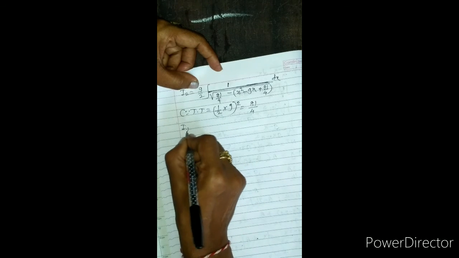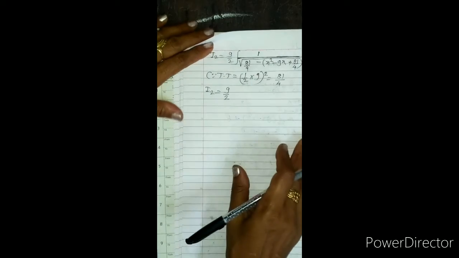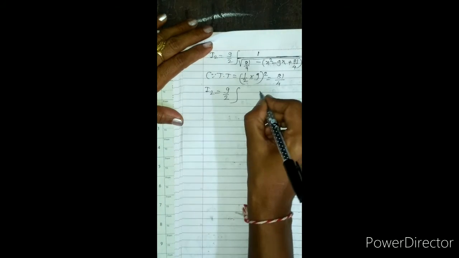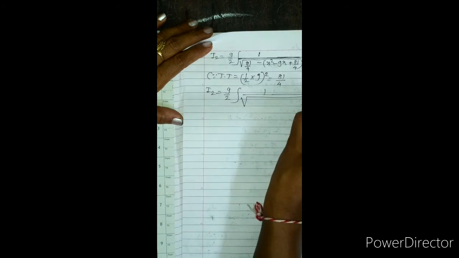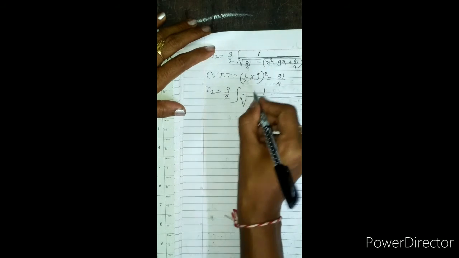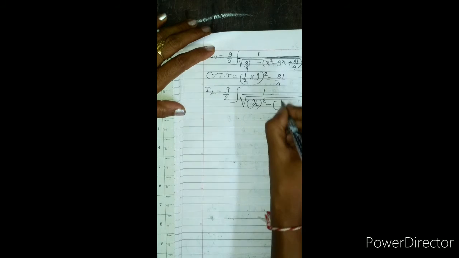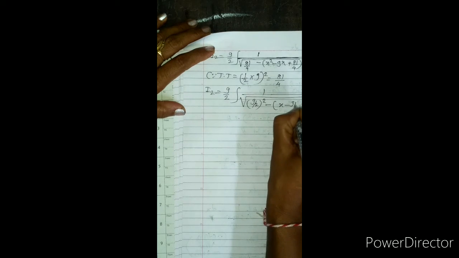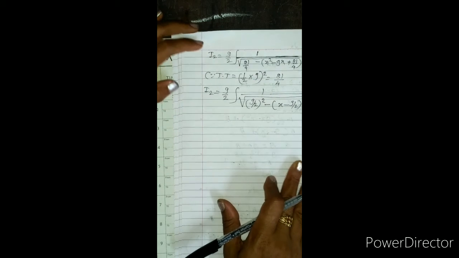So for I2 we get the expression 9 by 2 integral 1 upon, under the root sign, 81 by 4 is the square of 9 by 2, minus the expansion of x minus 9 by 2 bracket square, integral with respect to x.